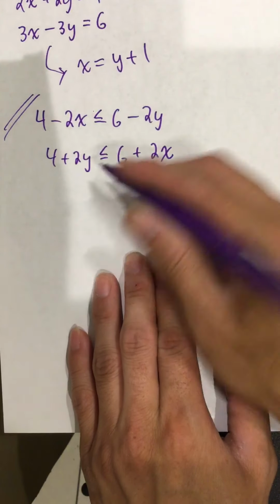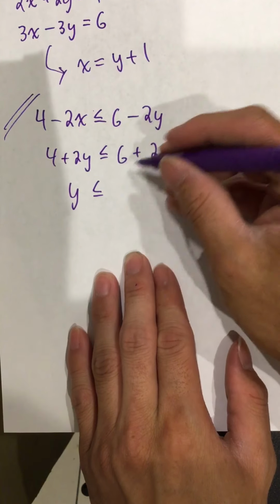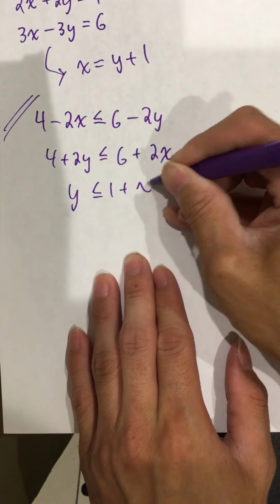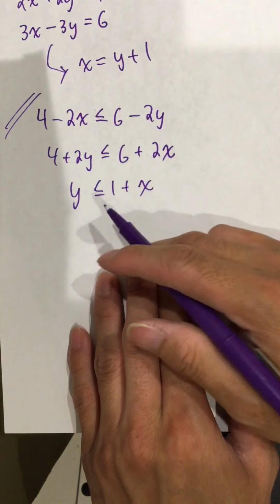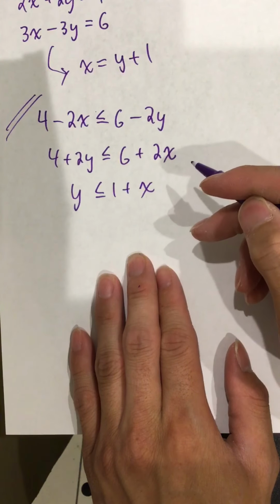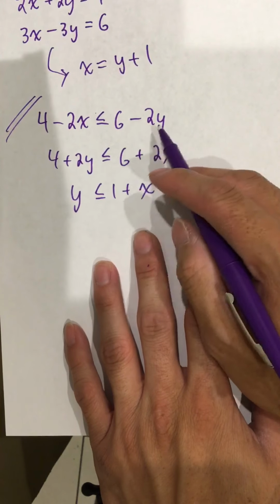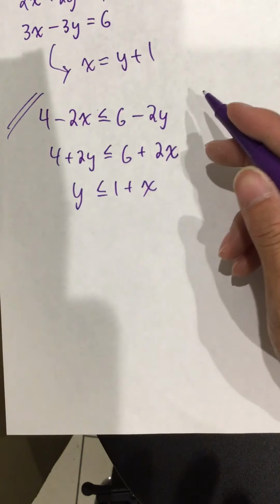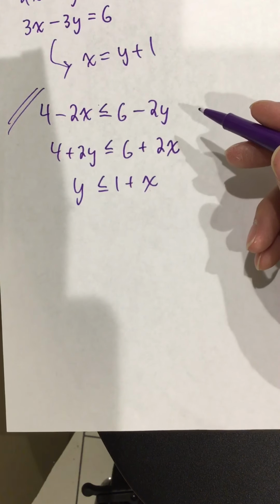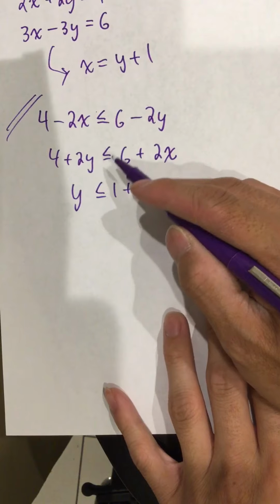Now, solving for y, I believe that'll just be 1 plus x. By doing it this way, everything's positive. I didn't have to flip the sign. And again, you introduce more possibility of making a mistake when you're dividing by a negative, because you might forget to flip the sign.